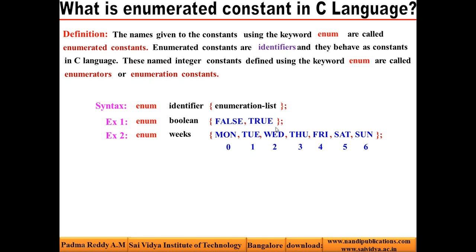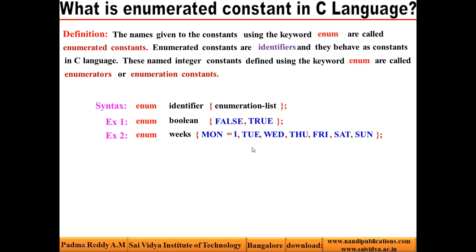Now if you observe, what is the first identifier here? Monday. By default, what is its value? 0. We can change the default value of any of these identifiers. Now let me assume Monday takes the value 1. If Monday takes the value 1, Tuesday will be 1 more than this.